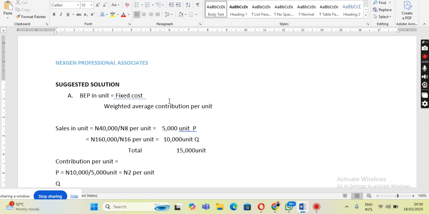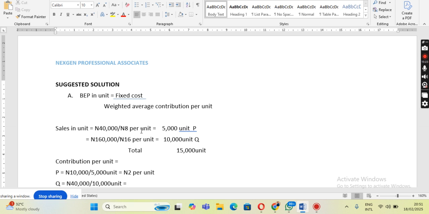The next one is Q. What is the total contribution? 40,000, right? Class, what is the unit? 10,000 units. You can see that in this question, unit is not given. We have to use the totals. This is what they will be testing you on in CVP.